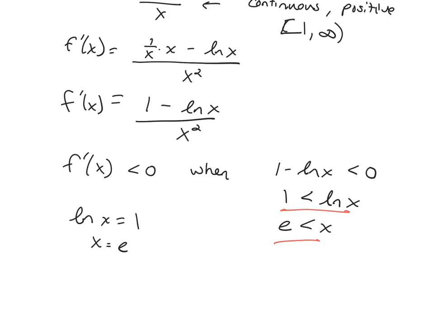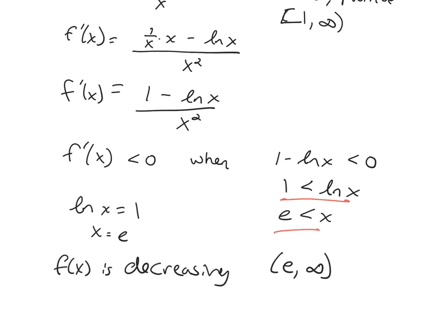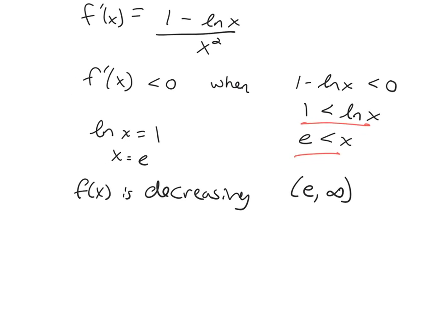You just need to make sure it decreases after a certain point, okay? So what I just learned is that f of x is decreasing on the interval e to infinity. So it's not 1 to infinity, but that's okay.